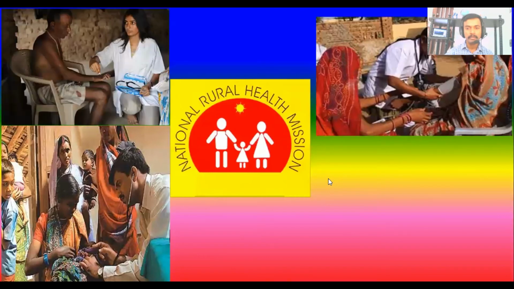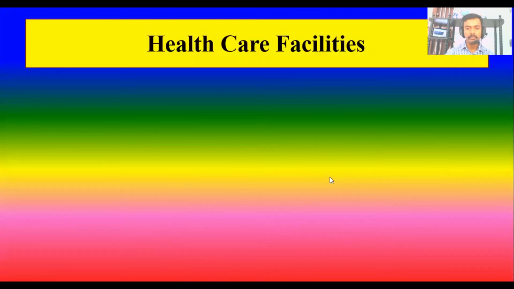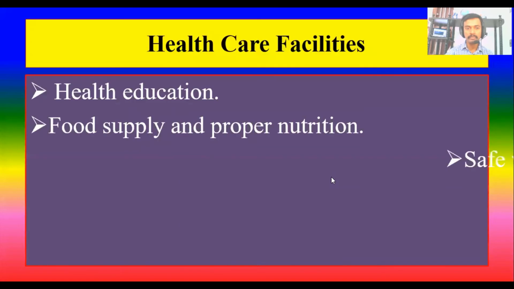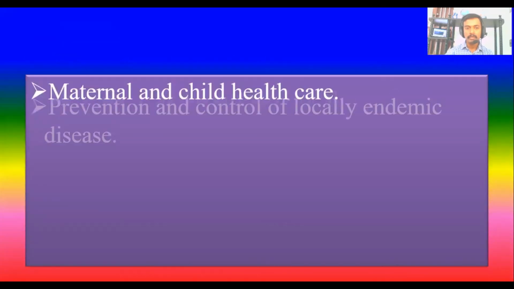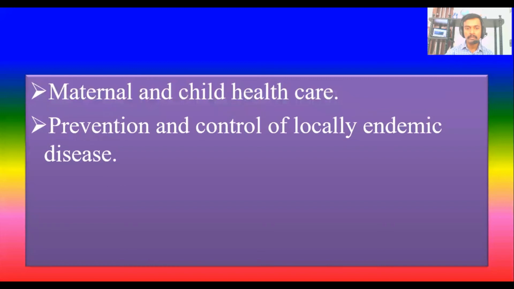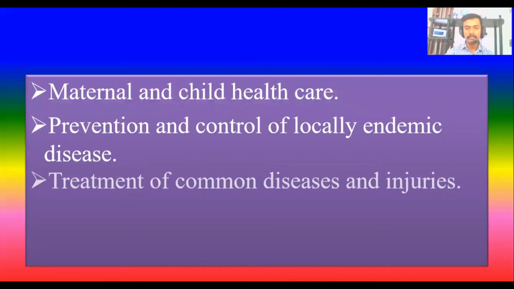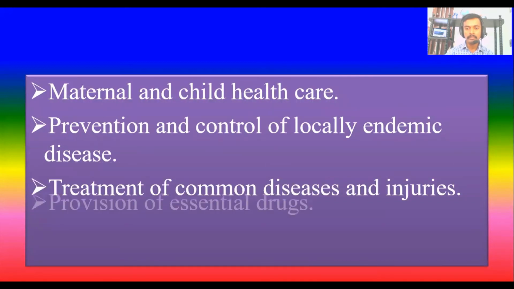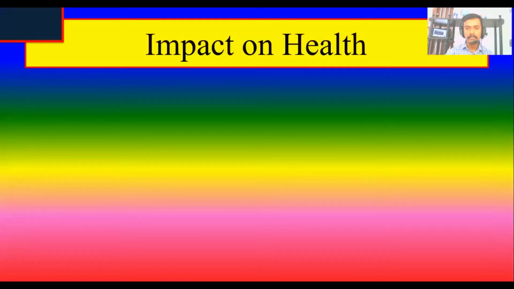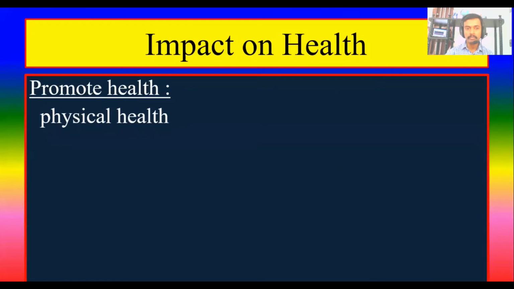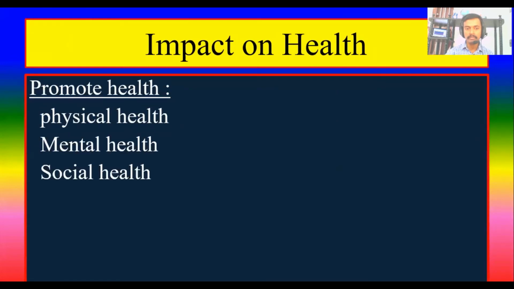Different pictures are here. Healthcare services in rural India: health education, food supply, proper nutrition, safe water, basic sanitation, immunization, and maternal and child health care, prevention and control of locally endemic diseases, treatment of common diseases and injuries, provision of essential drugs. Then impact on health: promote physical health, mental health, and social well-being.